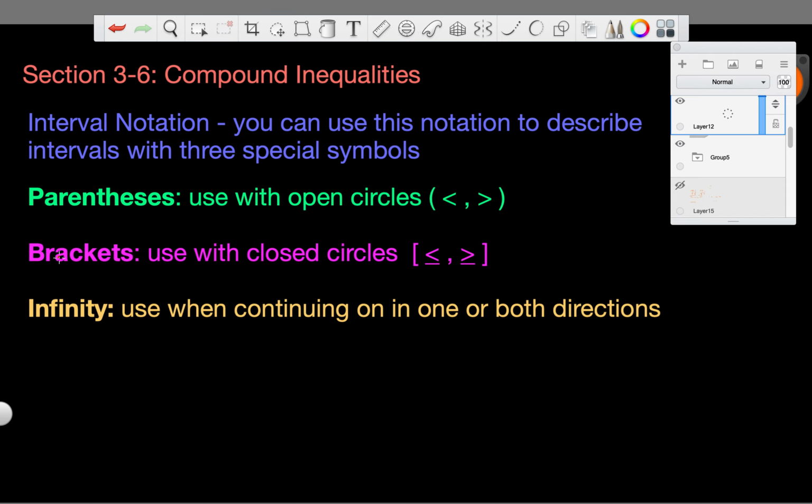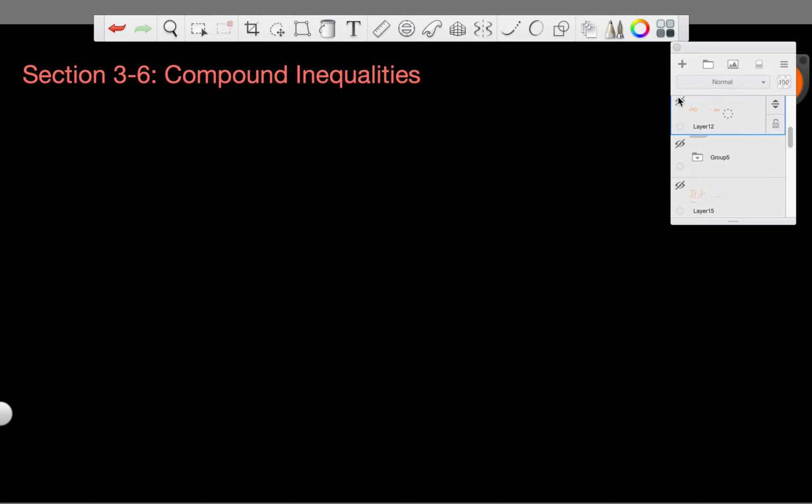When we have closed circles in our graph, meaning that we have less than or equal to or greater than or equal to, we use brackets. Now, sometimes when we draw an arrow on our graph, that means that it's continuing on to infinity or negative infinity, and we can use those symbols to indicate that. Okay? So let's give some examples.